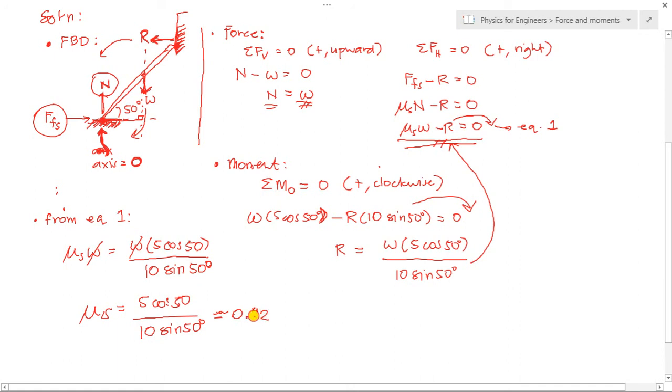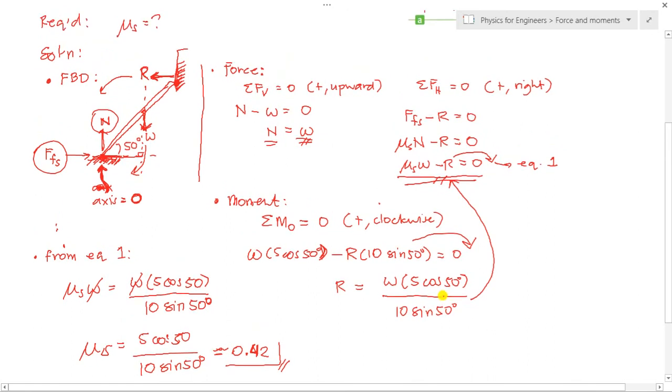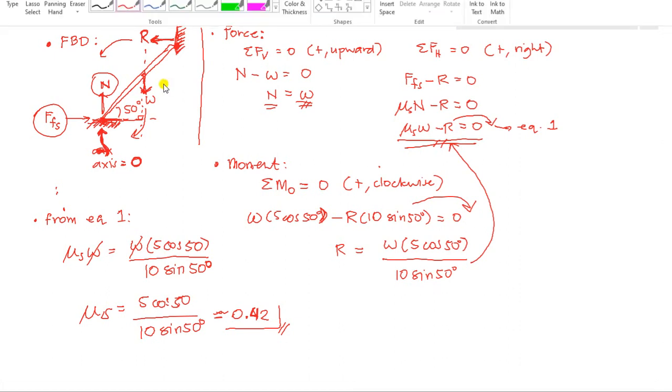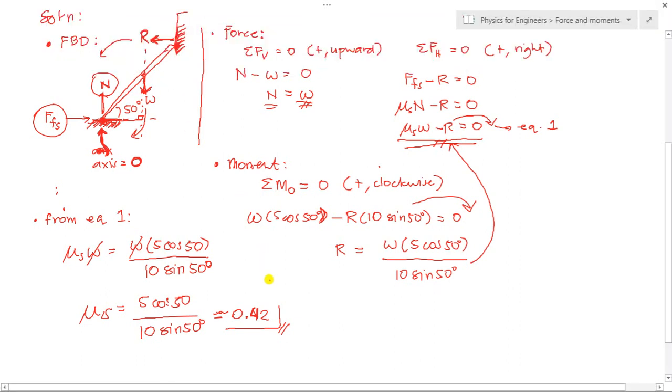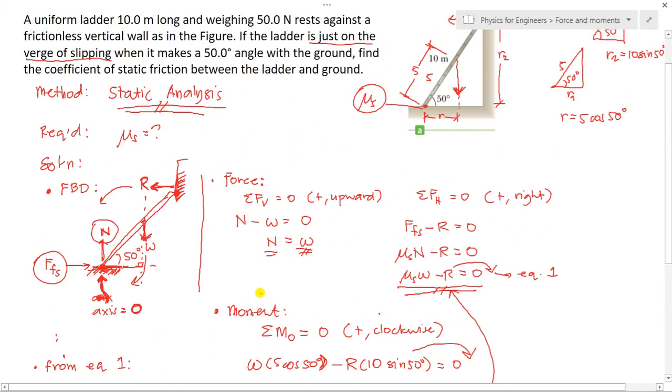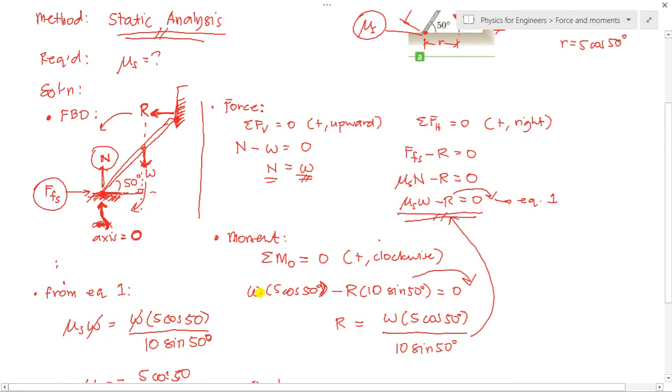Okay, unsa may unit ni class? Unsa unit? Wala, okay. Since this is a coefficient of static friction, it is unitless. So therefore, this is our final answer. Approximately 0.42 is the static friction or mu s. So far, naa na question?